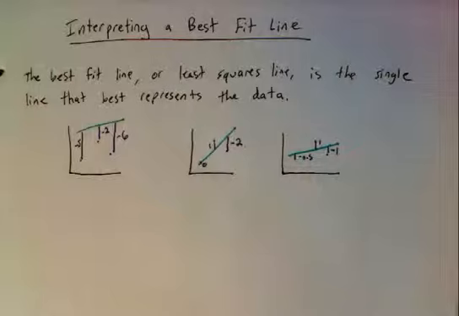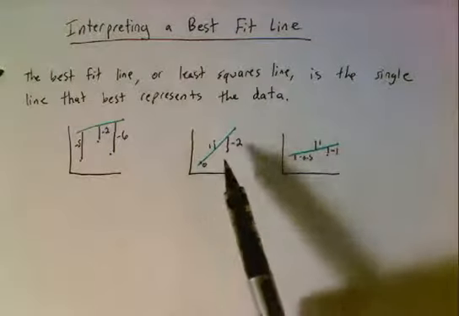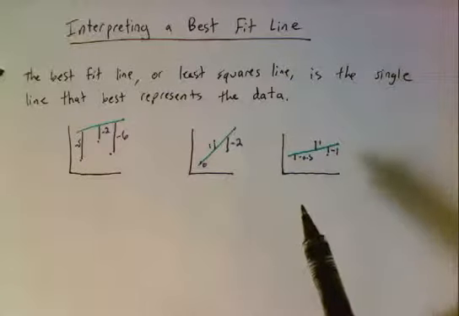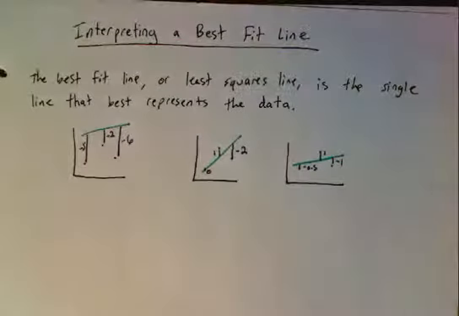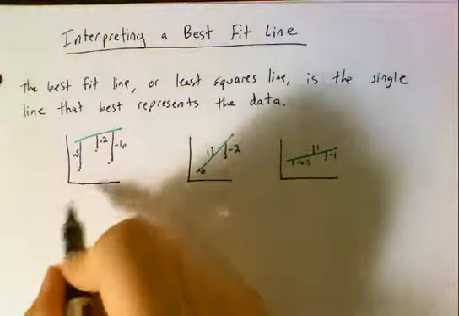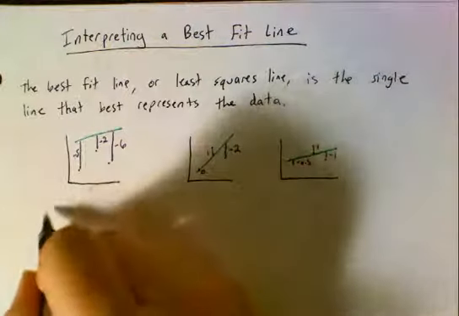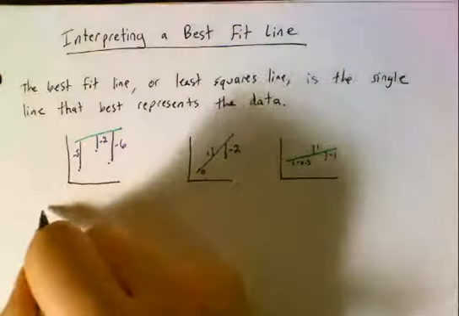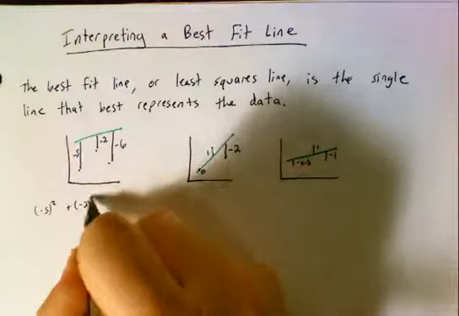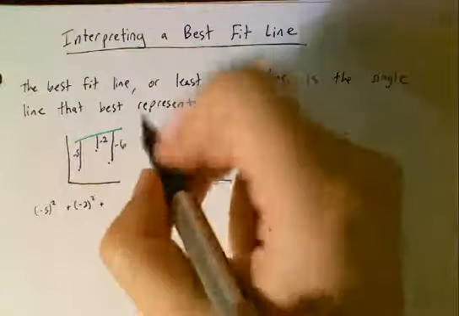So what we're going to do is say, okay, which of these green lines is closest to the different dots that we have? The way that we find that is that we're going to take each distance from the line and square it to make it positive, because if it's above or below, we don't care. We just want to know the absolute value of the distance from it. So -5 squared plus -2 squared, I'm just going to add up these. These are called the residuals.